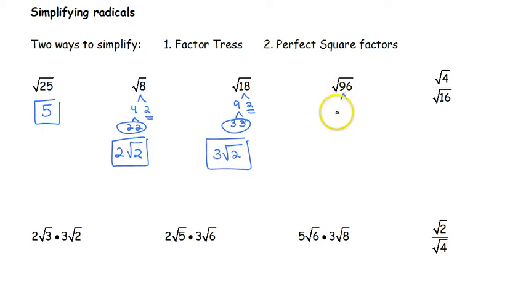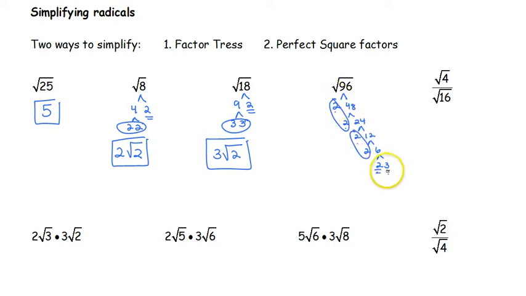96, not a perfect square. If I break that down, I've got 2 and 48, 2 and 24, 2 and 12, 2 and 6, 2 and 3. So I've created this big long tree. I'm only going to look at the numbers on the outside. Those are the leaves. And I match up those. So I've got a pair of 2's there, a pair of 2's there.